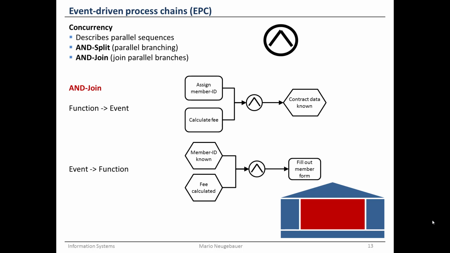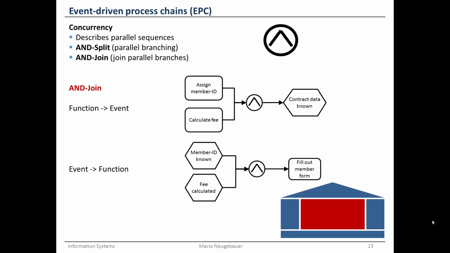And again, similar to the split, you can have functions or events before your AND join. So here in the first example, you assign a member ID and maybe at the same time you calculate a fee. And at some point in time, you are finished with these functions.